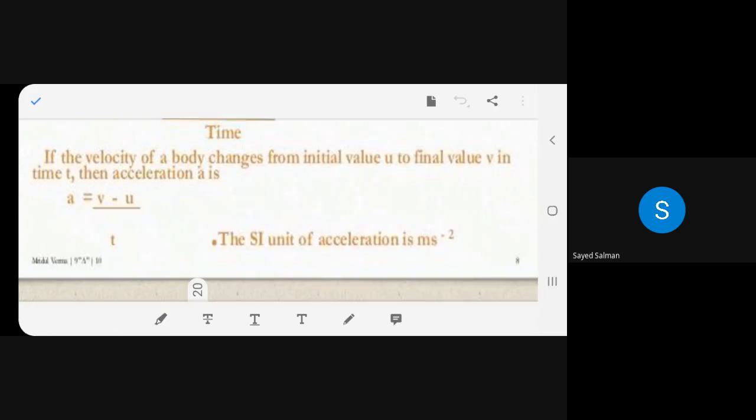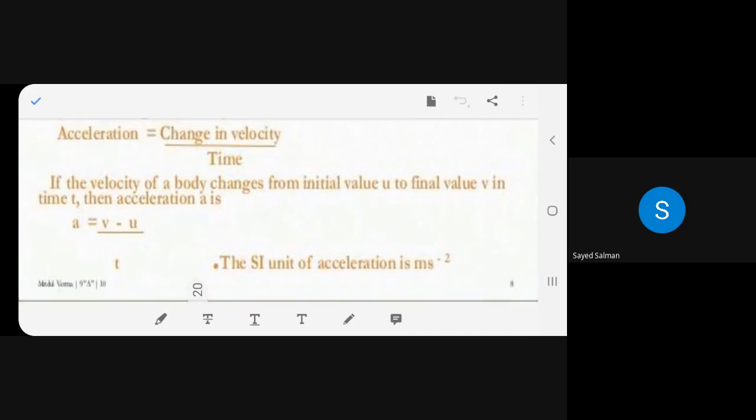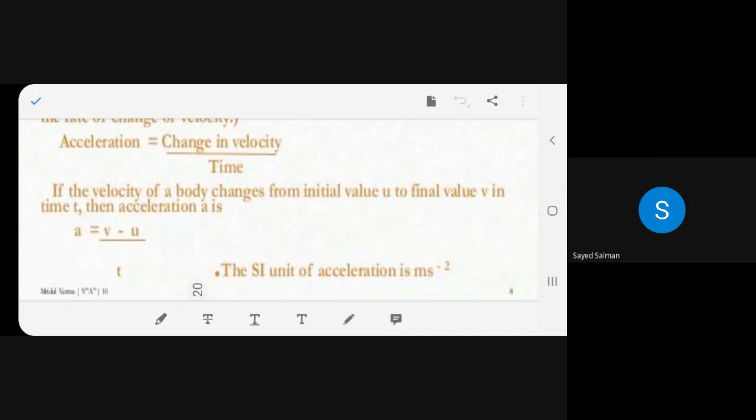Now what is the unit of acceleration, beta? What is the unit? The SI unit of acceleration is m s minus 2, or you can write meter per second square.